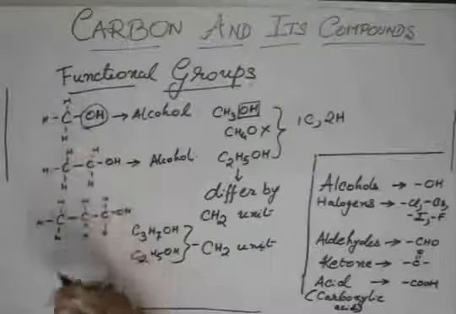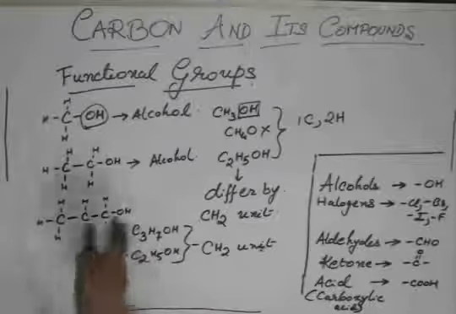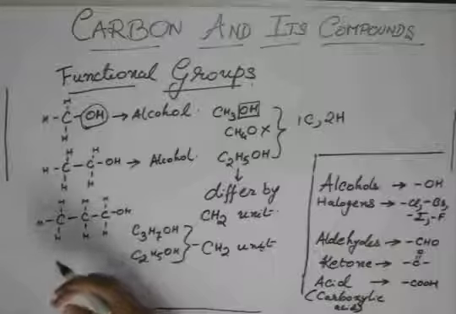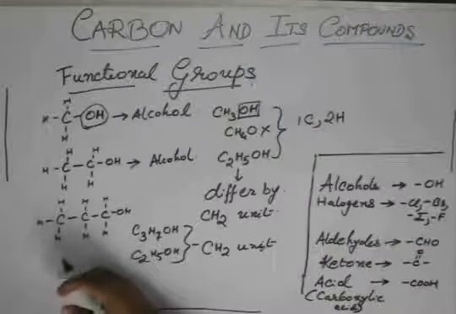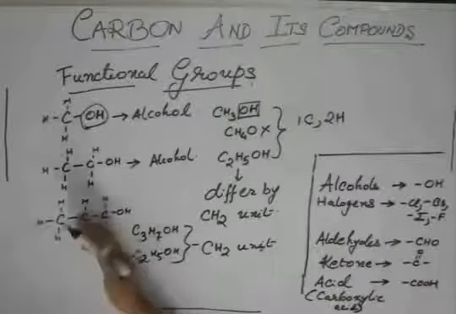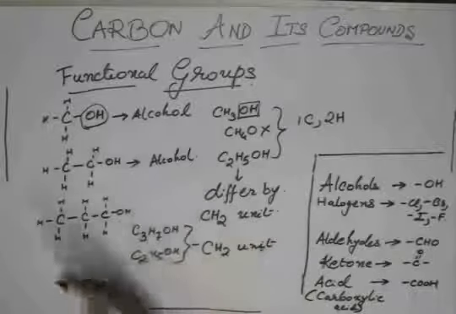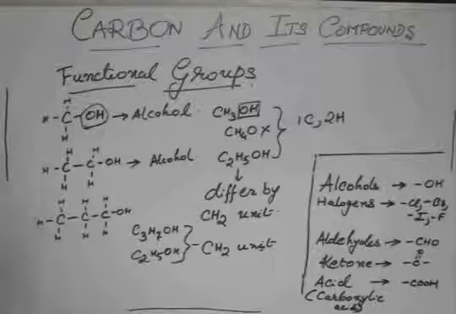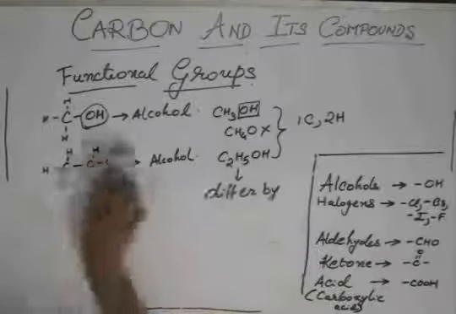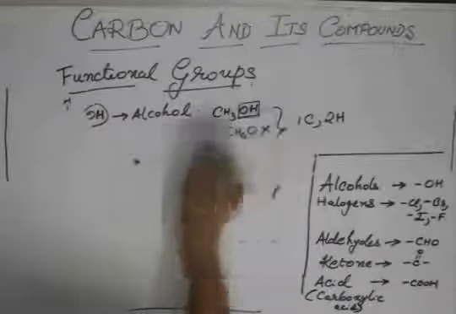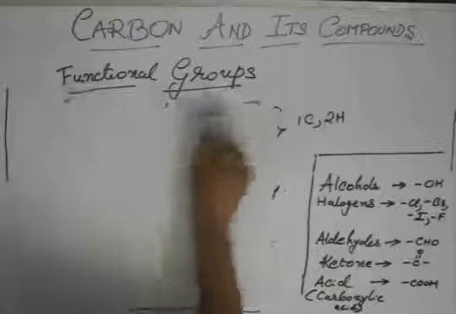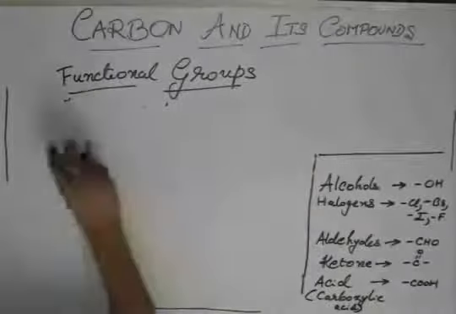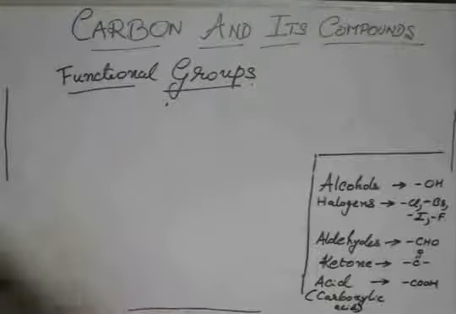And similarly, as we go on increasing the carbon chain, each and every member of this chain will differ by a CH2 unit from the previous member of the chain. And this follows for all functional groups. It even follows for alkanes, alkenes and alkynes.